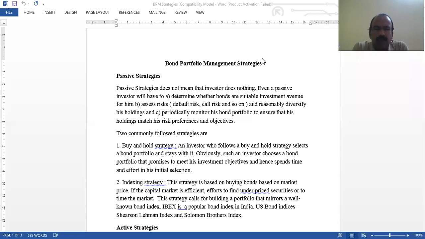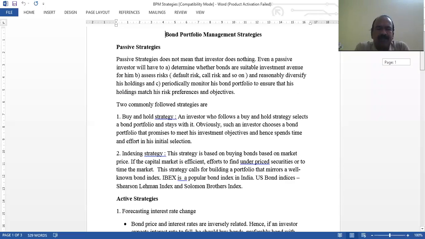IBEX is a popular bond index in India, as we have Sensex and Nifty for stocks. And we have US bond indices, the Lehman Index and the Salomon Brothers Index. So based on a market index, you can buy the bonds. Those are the two different types of passive strategies.